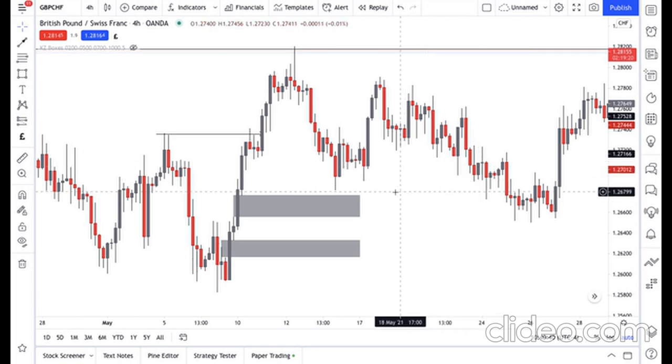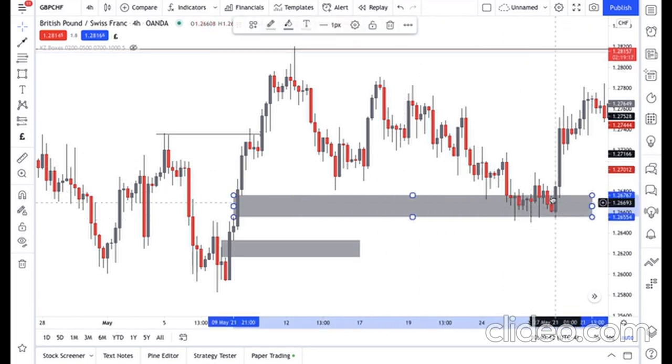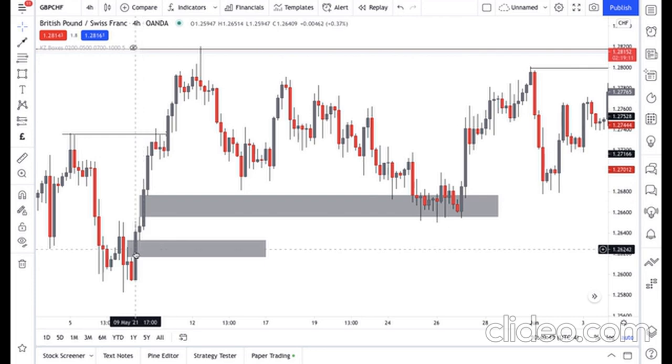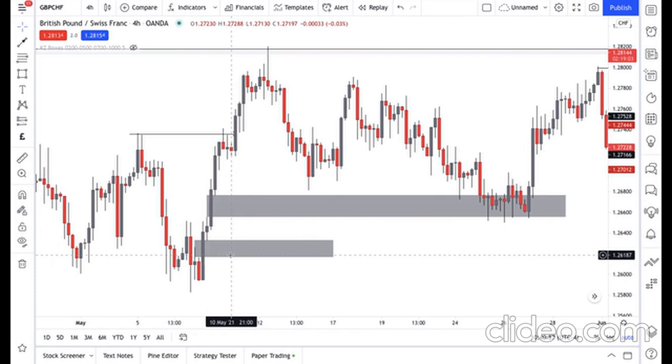We expect it to pull back to fill in these imbalances, right? And look what it does. It pulled back and filled in that imbalance. But there's still imbalance down here. And there's an order block that's left unmitigated. Now, this is what I want you guys to understand. When identifying an order block, you look for an order block that has imbalance above.